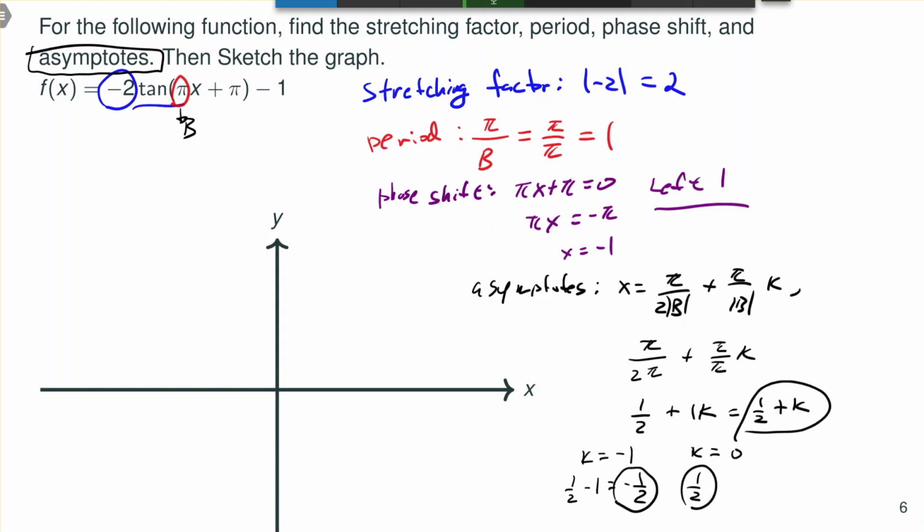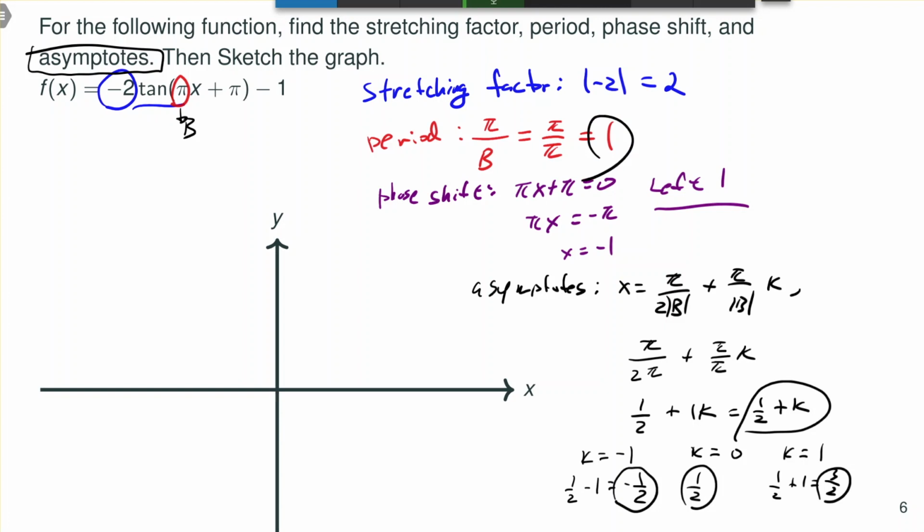We have an infinite number of asymptotes. When k equals 1, we have half plus 1, which is 3/2. We can also do it for 2, -2, and find many. The distance between each asymptote is 1 period.